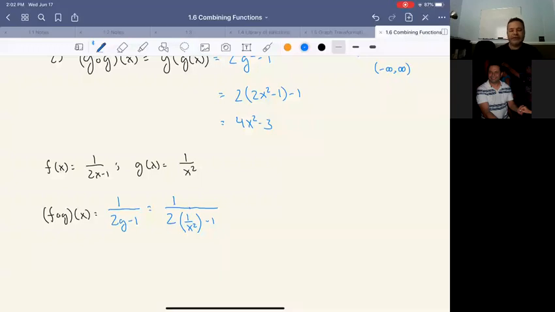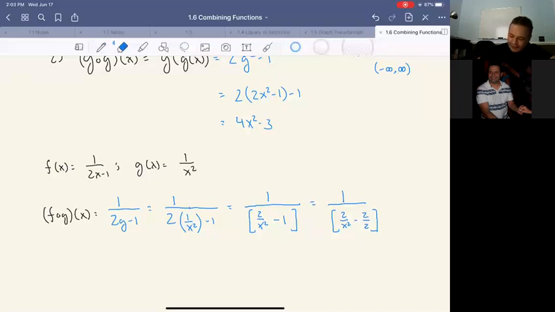Now let's write that. That's 1 over 2 over x squared minus 1. Now 1, I'm going to write it as x squared over x squared. I was so tempted to just erase the 1 and write it as 2 over 2, but that would have been bad practice. And that was bad math.